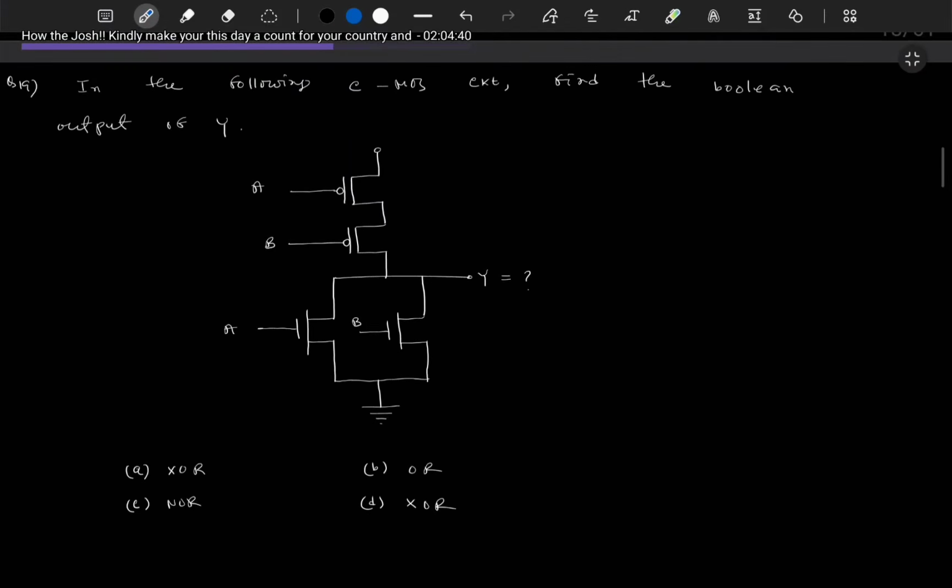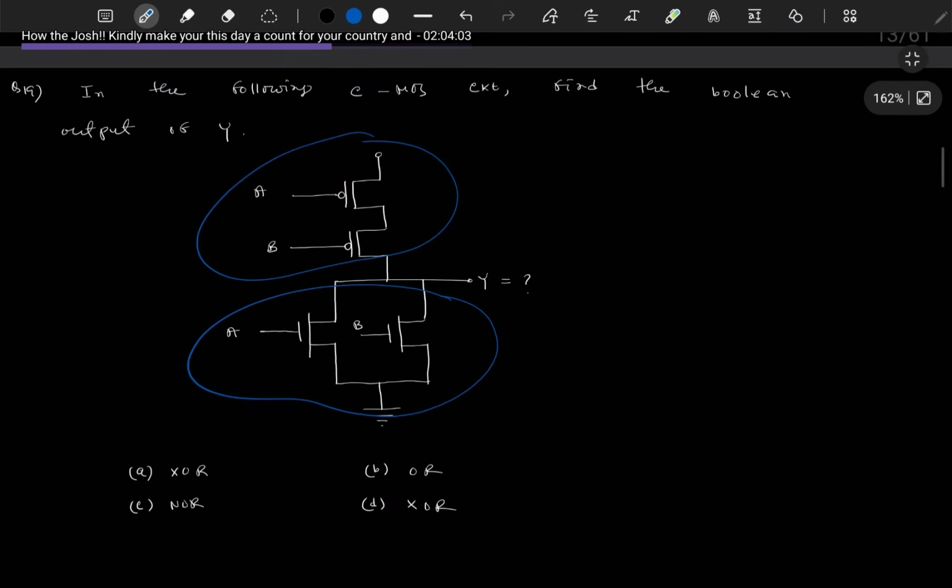Now in the following CMOS circuit, find the Boolean output of Y. This is the pull up, this is the pull down. These are NMOS in parallel, these are PMOS in series. If NMOS is on, it will short the output with the ground, so output becomes 0.